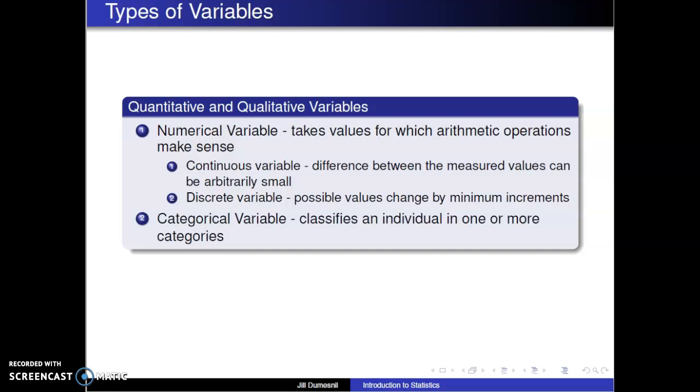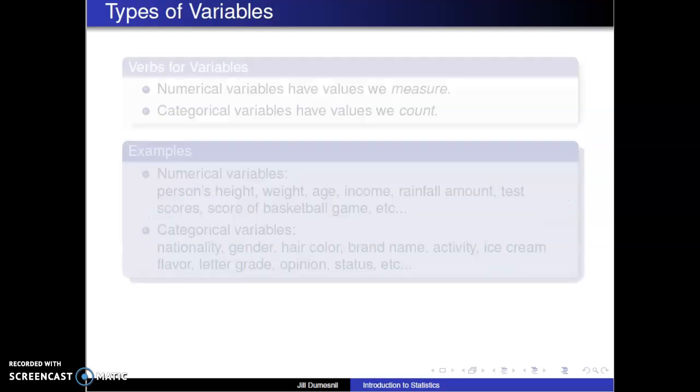A categorical variable is a variable that classifies an individual in one or more categories. Variables like nationality, gender, or ice cream flavor preference. Being able to identify a variable type is crucial to choosing the appropriate statistical method for analyzing a distribution.